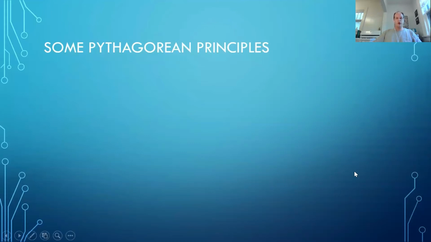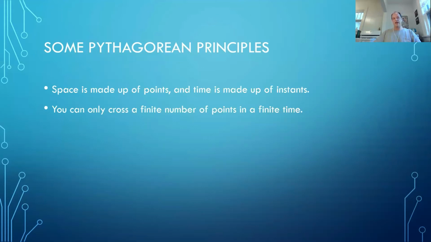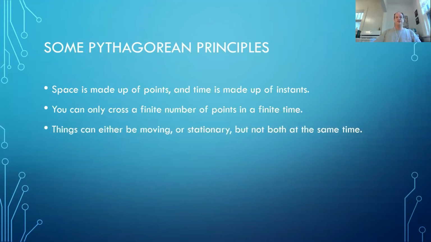The first was space is made up of points and time is made up of instants. Second is you can only cross a finite number of points in a finite time. The third is things can either be moving or stationary, but not both at the same time. And the last is every 2 points have a unique midpoint. Those all seem to be unproblematic, but they led us through Zeno's paradoxes to problems.